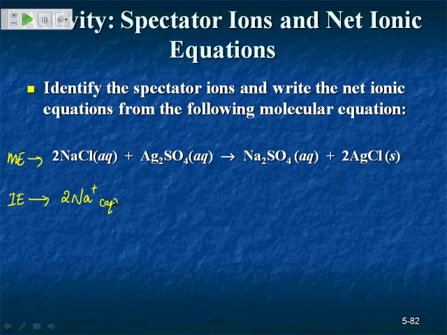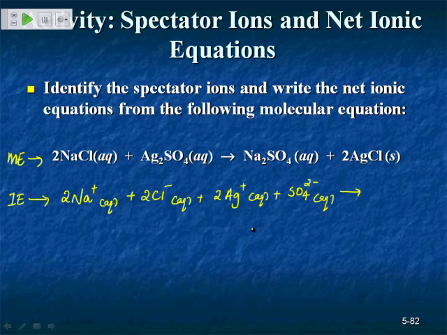So we have to show the ions, not just 2Na and 2Cl. 2Na plus and 2Cl minus plus 2Ag plus, good, and do I have 2 SO4s? Just SO4 2 minus, the charge is 2 minus, giving us, I'm going to write down my products on the lower line.